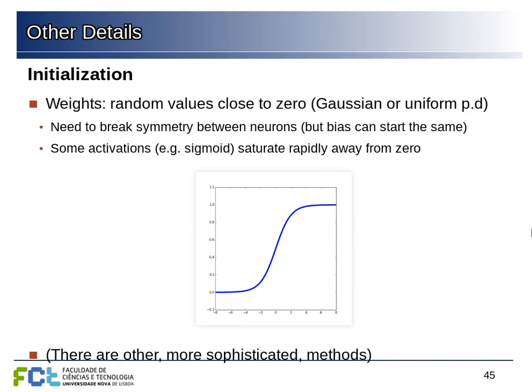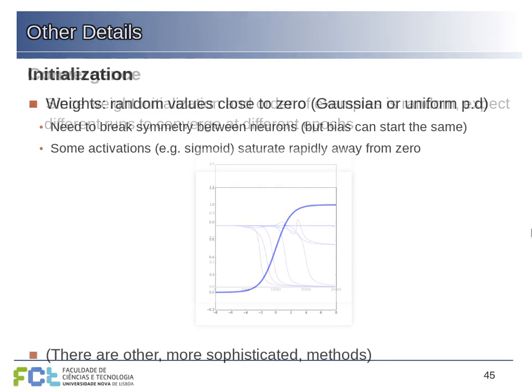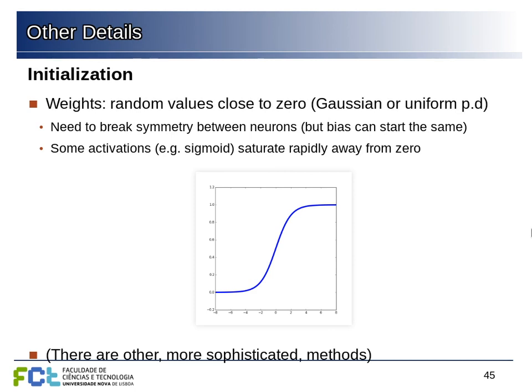The initialization of these weights, we are going to need to randomize the weights because we need to break the symmetry between the neurons. So you can imagine that if all the weights of neurons had the same value, they would all also have the same derivative, and they would all be updated in the same way.